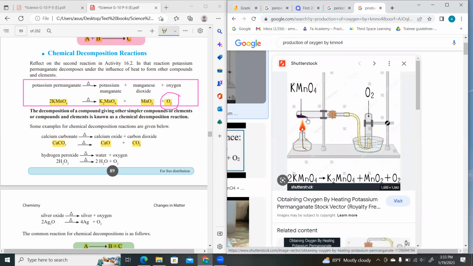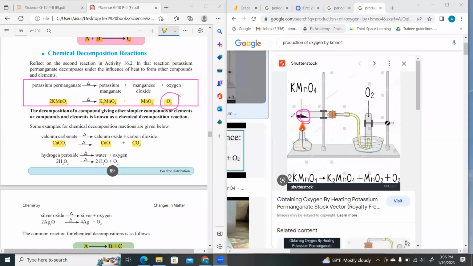You can see all the equipment is placed accordingly. This is how they use the equipment to produce oxygen, right? Look at the objects. They will keep the Bunsen burner here, add potassium permanganate over here, and they will start heating it. So this is how the apparatus will be.